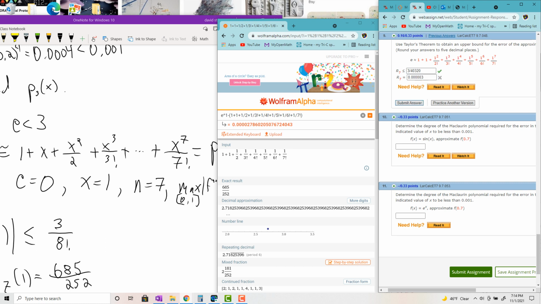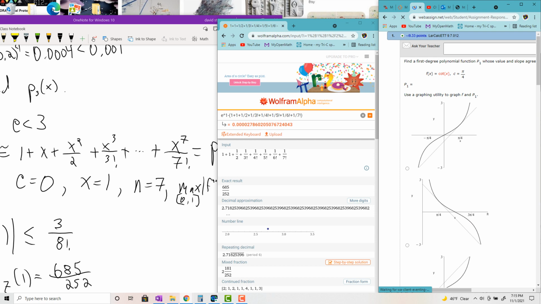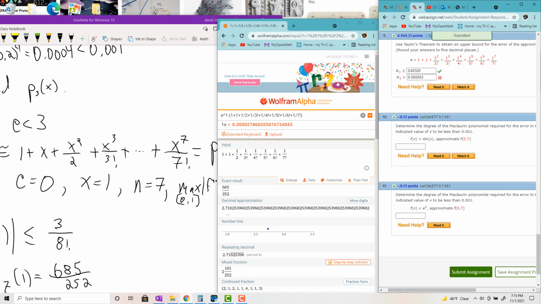0.123455. 1, 2, 3, 4, 5. They want 5 decimals, rounded to 5 decimals.